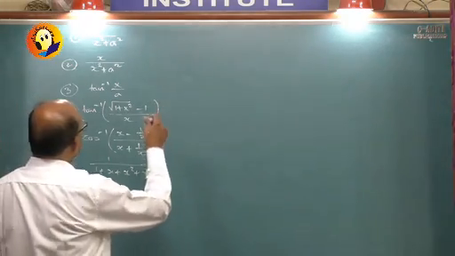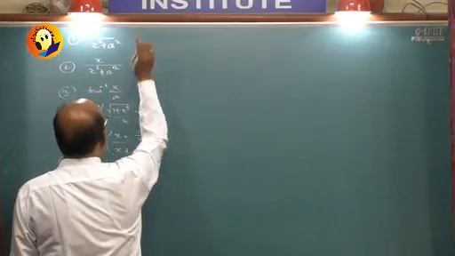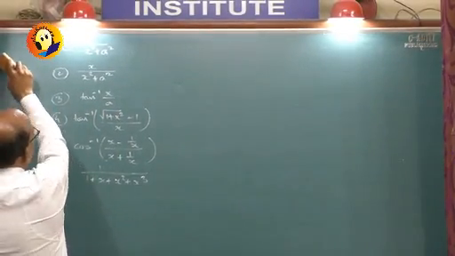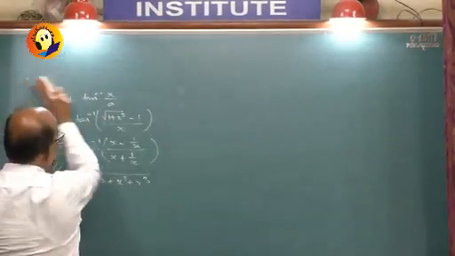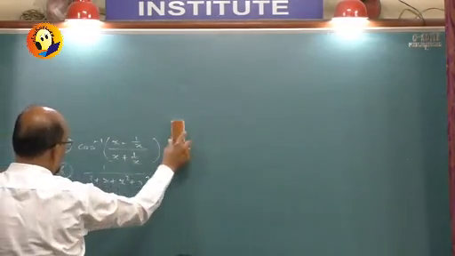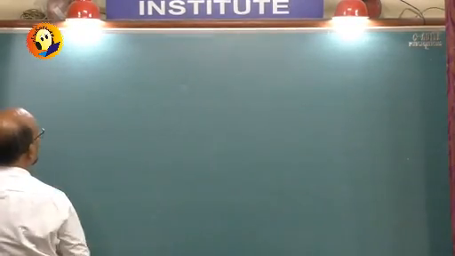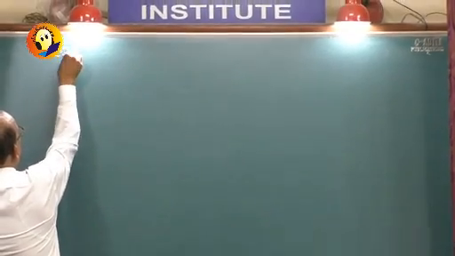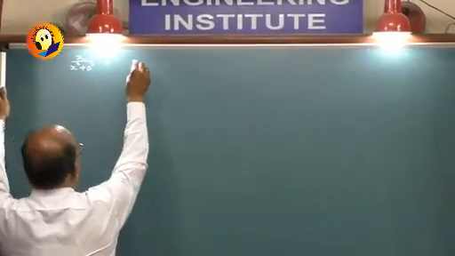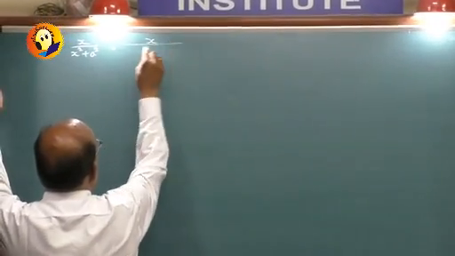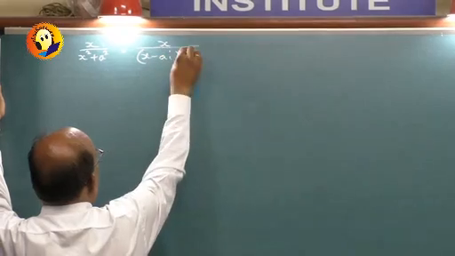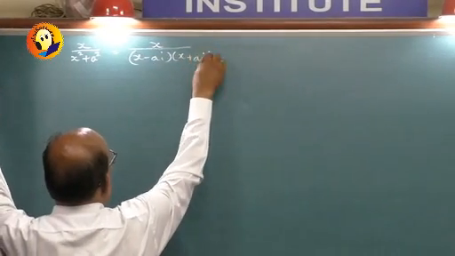Now I will solve the second one, which is just same as the first one with a little difference. So it is x upon x square plus a square, simplified as x upon x minus ai into x plus ai.